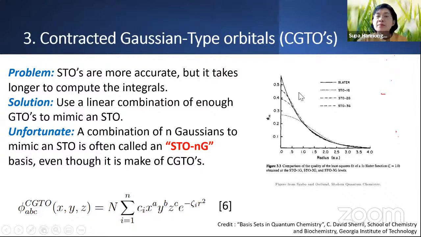And the graph on the right hand side shows the combination of Gaussians to represent one STO. If you look at the curve in the black line, you remember that this is the STO, or the Slater type orbital. You can have the very tight function over here. And we said that STO is very hard to solve for the integrals. It takes so long to finish solving the integral.